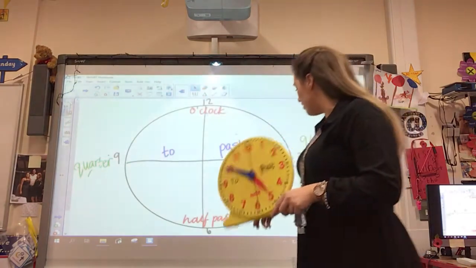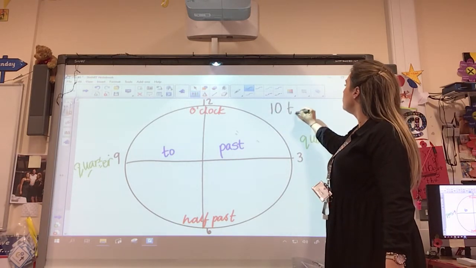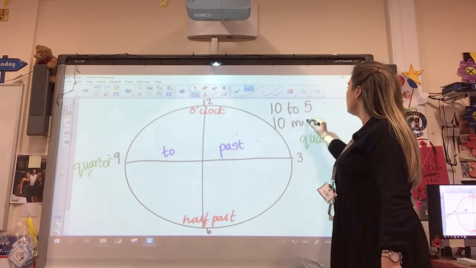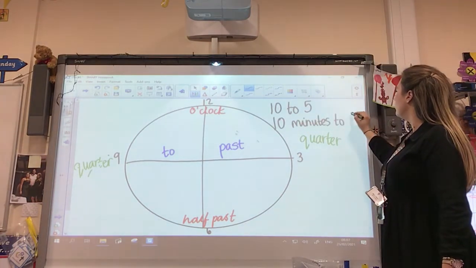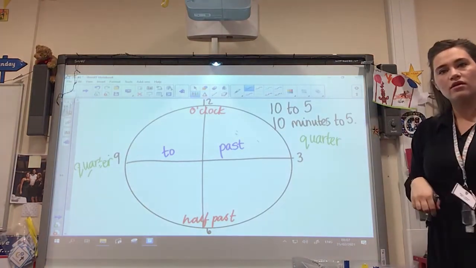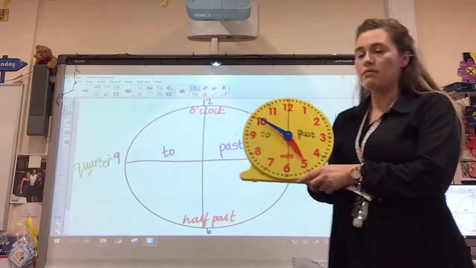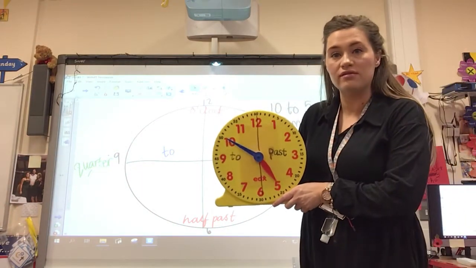And the way we would write that is this. So it would be 10 to 5, or 10 minutes to 5. Either one of those methods is perfectly fine. Okay? So it's 10 minutes to 5 here. Nearly at 5 o'clock, only 10 minutes away, which isn't a very long time, as you can see.